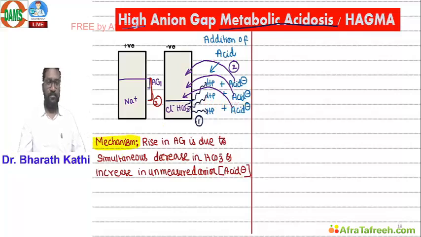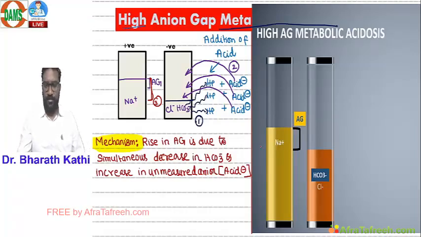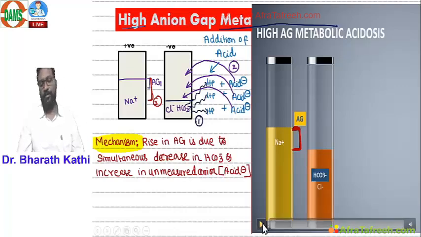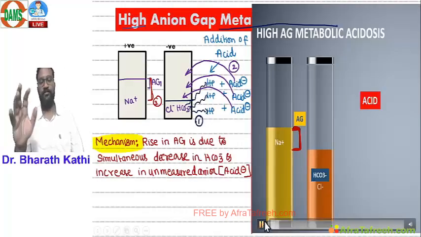To understand this better, I have made a simple video. Can anybody tell me what this is? This is a positive compartment, a negative compartment, and this is the anion gap. So initially, for representation, this much is the anion gap. To this body, I am adding acid. After addition of acid, observe these three events.